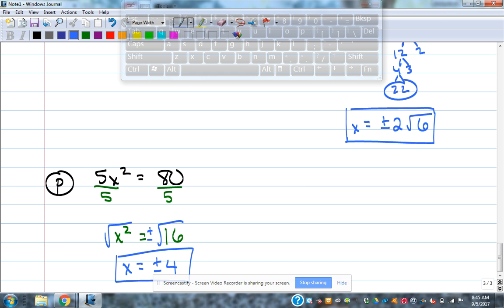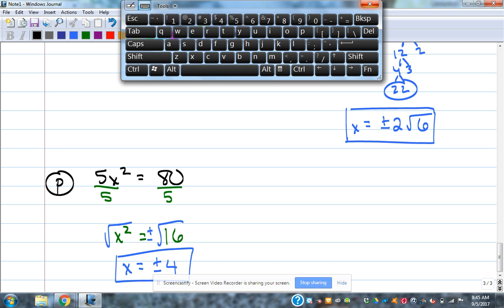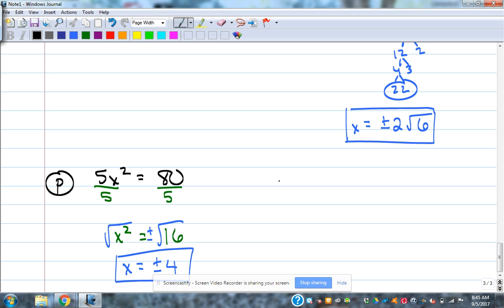So plus or minus 4 on example P. Example Q. X squared plus 7 equals 19. So here we have a number on the other side, and we got x squared plus 7 on the left side. What should we do? Subtract 7 first.